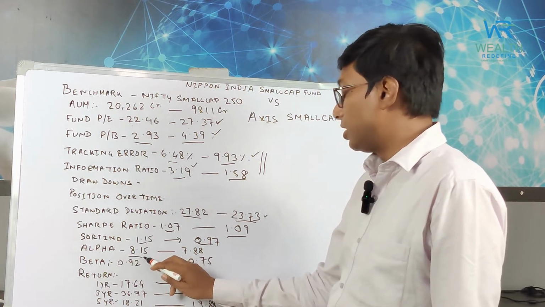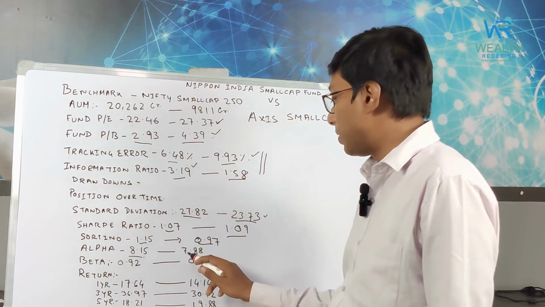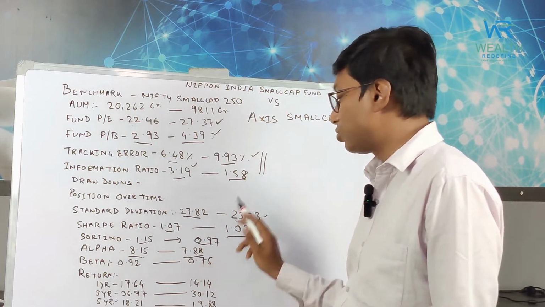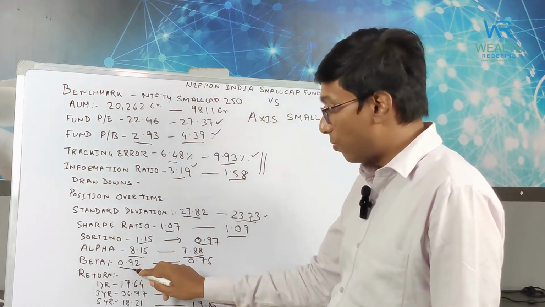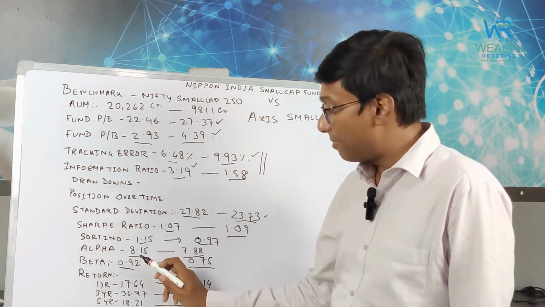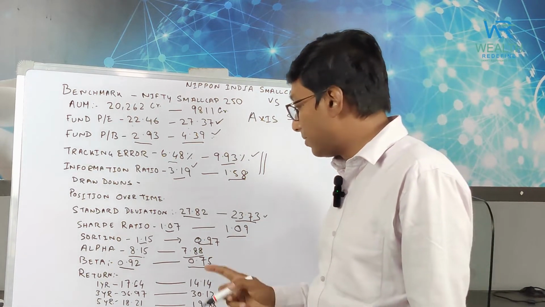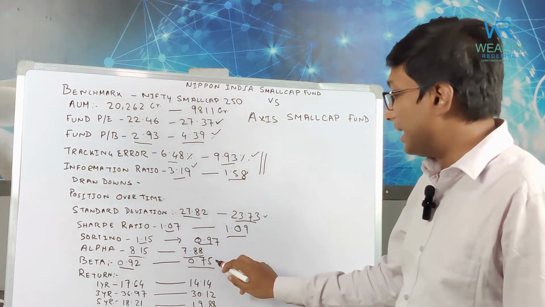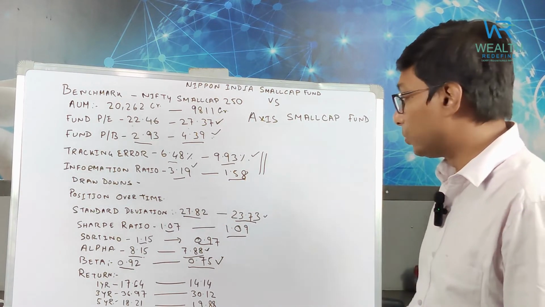That means it has generated 8.15% more return than the index, while the other has generated 7.88% more than the index. Beta is 0.92 versus 0.75. That means Nippon India has taken more risk to generate more return. Axis has taken less risk and generated less return, if you compare both.